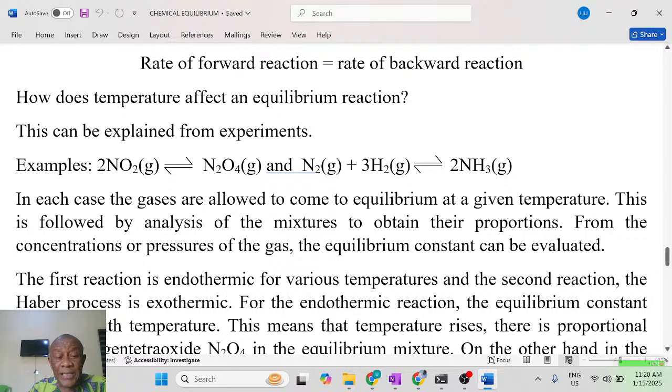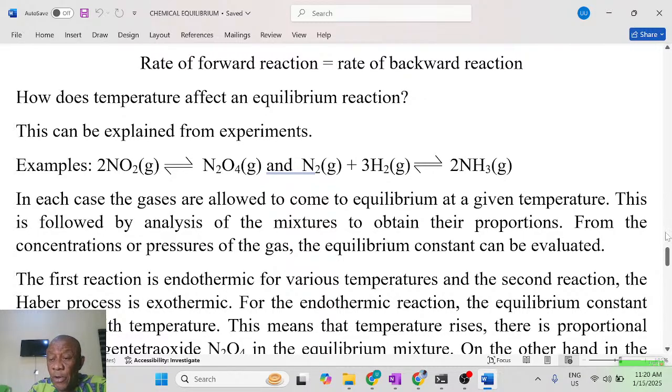In this case, the gases are allowed to come to equilibrium at a given temperature. This is followed by analysis of mixtures. At equilibrium, we analyze the mixtures and see what they contain to obtain their proportion.